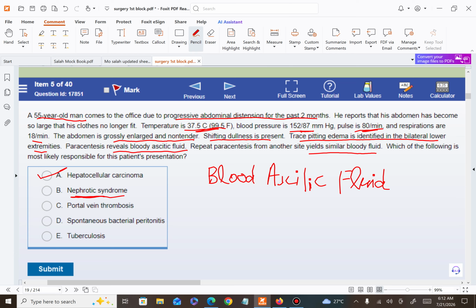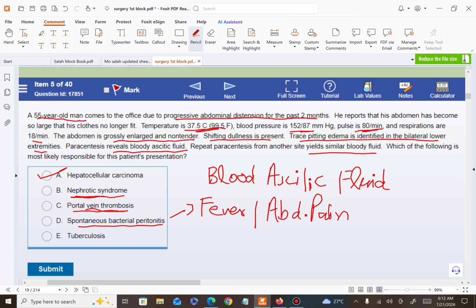Option C, portal vein thrombosis, is also not right because in portal vein thrombosis there is no ascites at all. In spontaneous bacterial peritonitis there will be fever and abdominal pain, so this option is also not right.